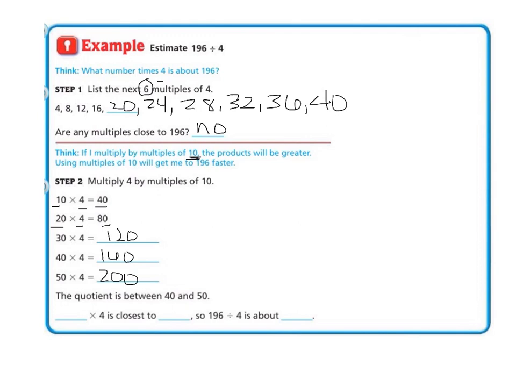Okay, so now we're much closer to 196. 160 and 200 are both close to 196. So we know that our quotient is about 50, because 50 times 4 is 200, which is closest to 196. So 196 divided by 4 is about 50.